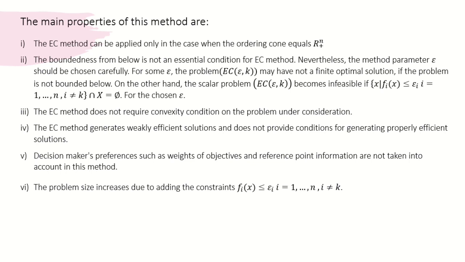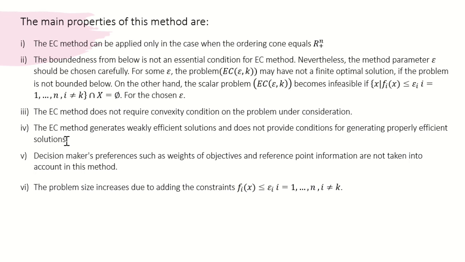The most important features of this method are that, first of all, it can be applied on any objective function whose order cone is equal to R^n_+, and boundedness from below is not an essential condition for this method, and also this method does not require the convexity condition.